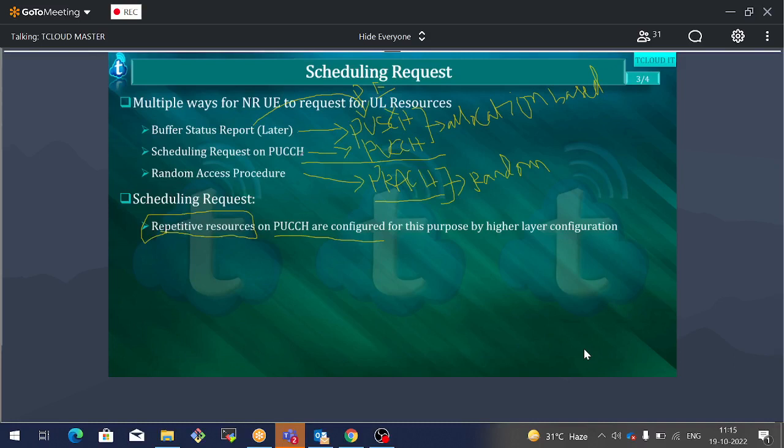The gNodeB's physical layer needs to send the scheduling request to the MAC layer, because the MAC layer is the resource allocator. MAC is the one who allocates radio resources, or PRBs, physical resource blocks, for the subscribers for uplink operation. So that is the course of action the physical layer takes: it provides the scheduling request received from the mobile to the MAC layer.